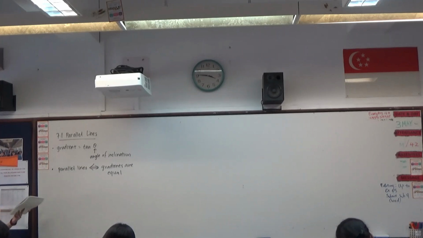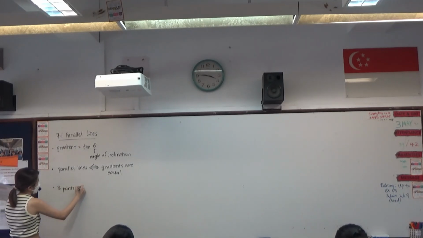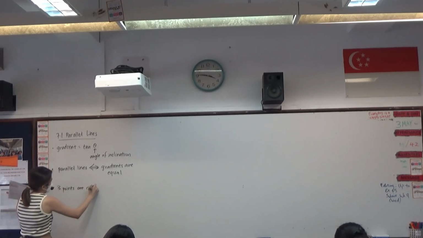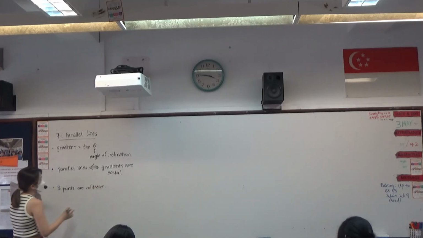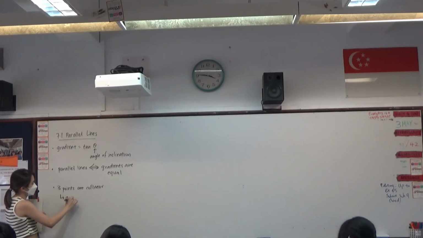Then in our last lesson, the last question that I think we went through was in terms of proving collinearity. So, in order to prove that 3 points are collinear, we need to show that the gradients are equal.